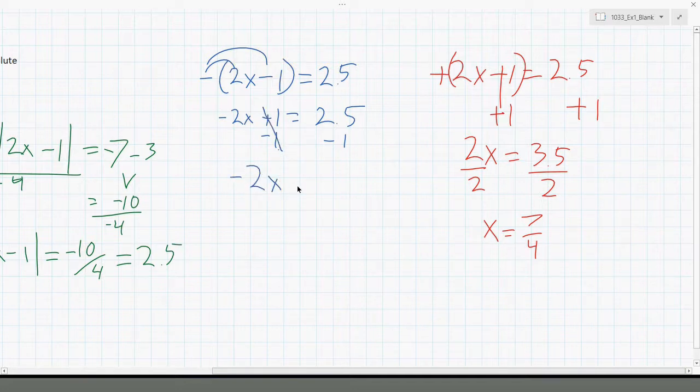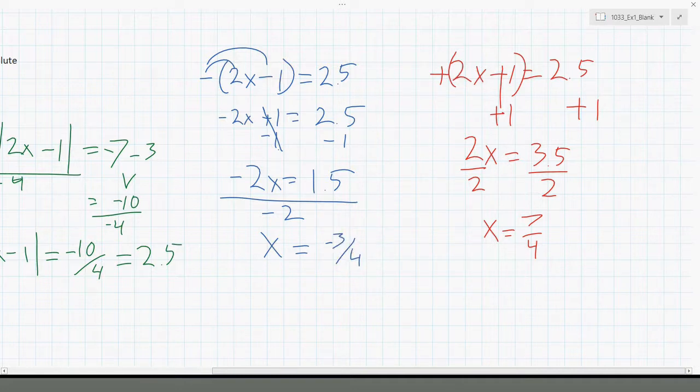Negative 2x equals 1.5, and then you divide both sides by negative 2, and you get x equals negative 3 over 4. So those are the 2 points at which it's going to equal this. x could either equal 7 over 4 or x can equal negative 3/4. Both of these answers will make this a valid statement.